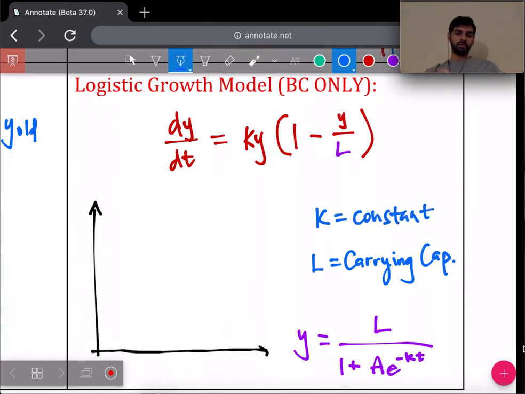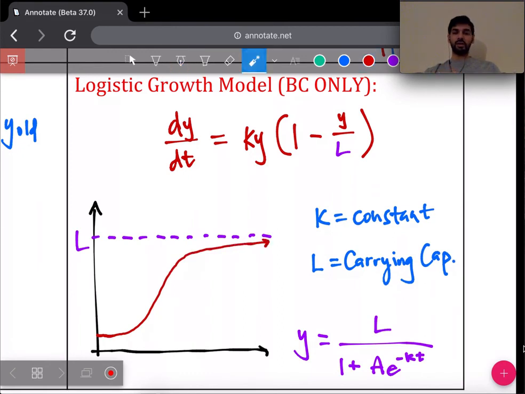And on the graph, the original function y equals this guy right here, these two go hand in hand. This is the original function. This is the slope equation. The carrying capacity is a horizontal line right here. And that's represented by whatever value L is. And the way this graph looks is it starts off flat, increases exponentially, and then levels off.